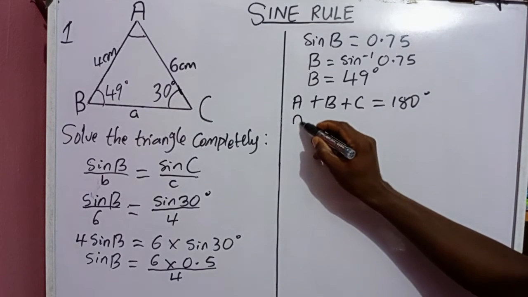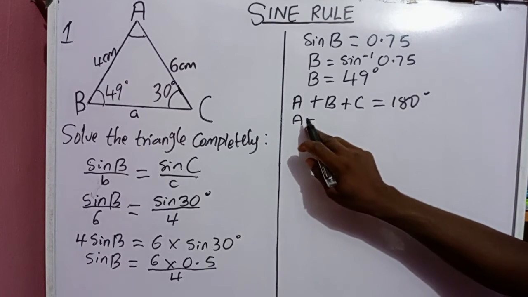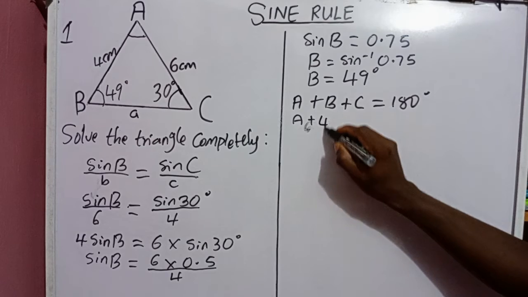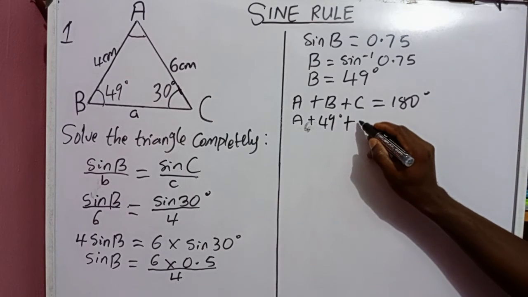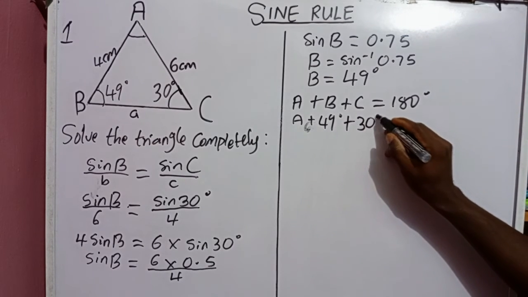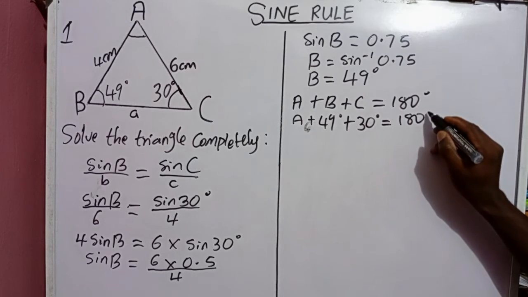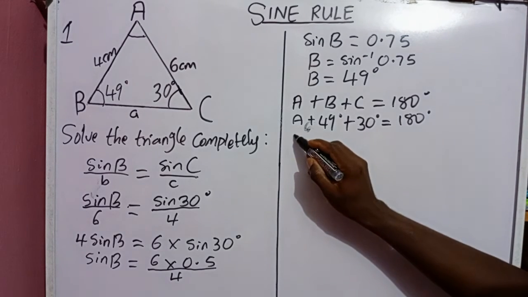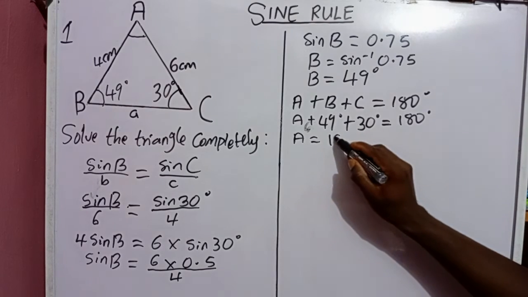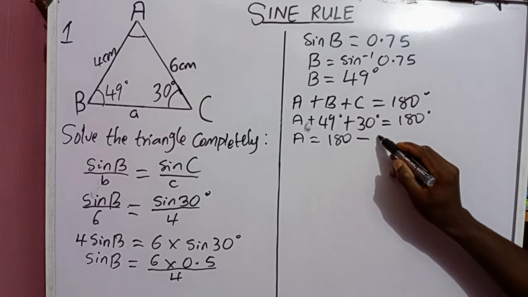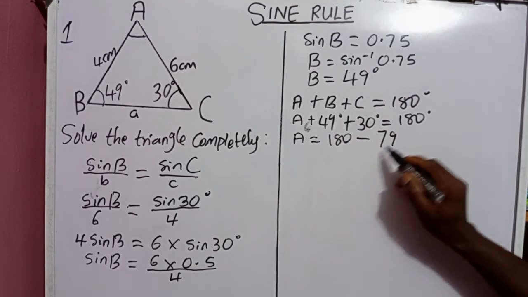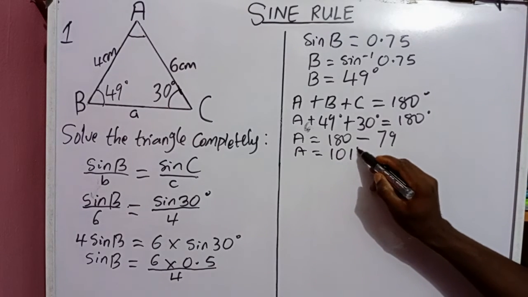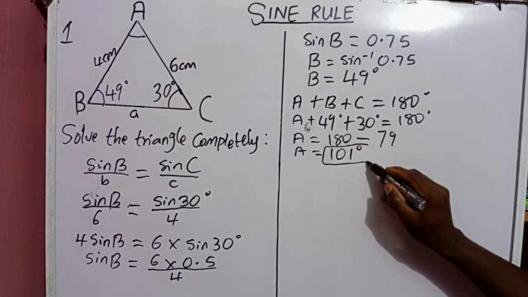So A is what we are looking for. A plus B, which is 49 degrees, plus C, which is 30 degrees, is equal to 180. When we combine 49 and 30, that gives us 79. Therefore, A is equal to 180 minus 79, which gives us A as 101 degrees.